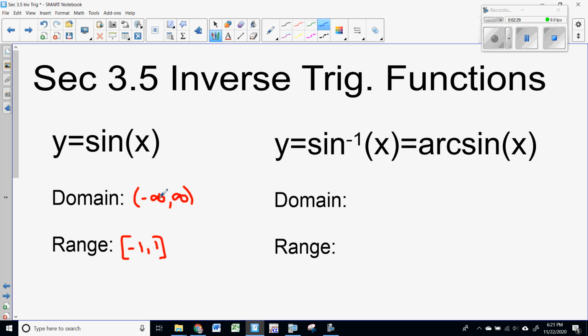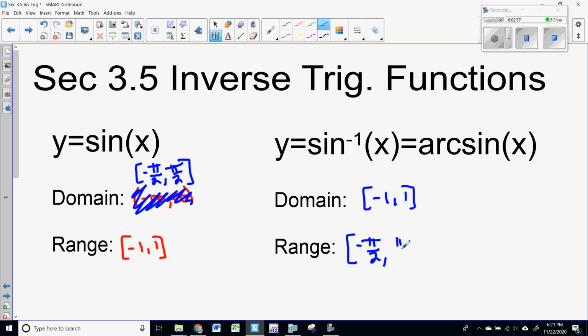If we use sine on negative infinity to infinity, we get our wave function. It's not 1-to-1, so it doesn't work. So we change this to be from negative pi over 2 to pi over 2. Therefore, our domain of inverse sine is -1 to 1, and our range is negative pi over 2 to pi over 2.